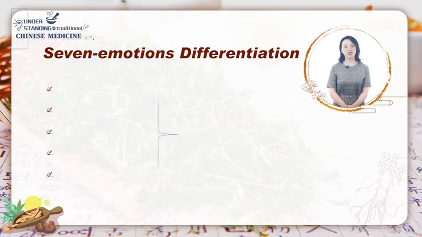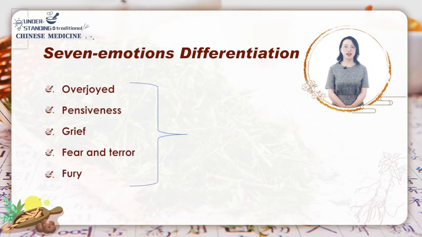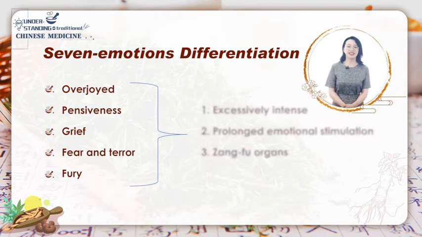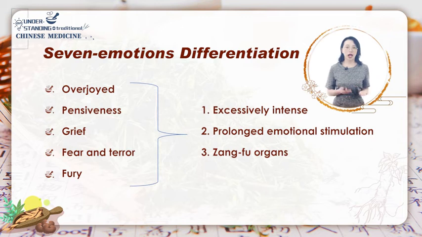The seven emotions have different effects upon the internal organs. The normal expression of the seven emotions is healthy and cannot lead to disease. Clinically, hyperactive or hypoactive emotional reactions are caused by excessively intense or prolonged emotional stimulation, and they also have a relationship with zangfu organs.